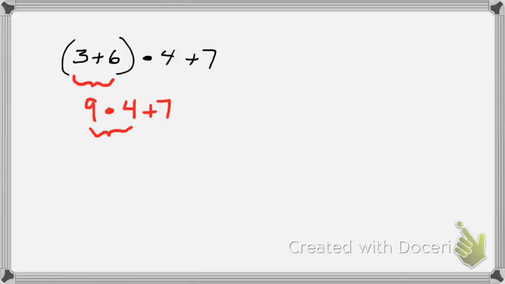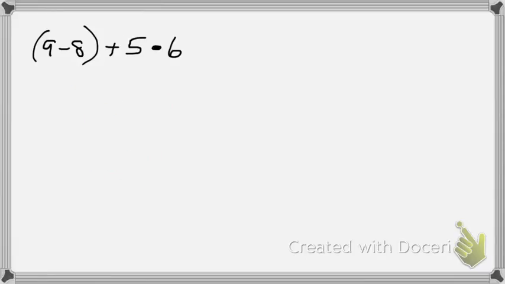Which, if you know your times tables, do you know your times tables? You know your times tables. Yeah. 9 times 4 is 36. And then keep the 7 on there. And then our last step is addition, subtraction. Correct answer to the problem is 43.